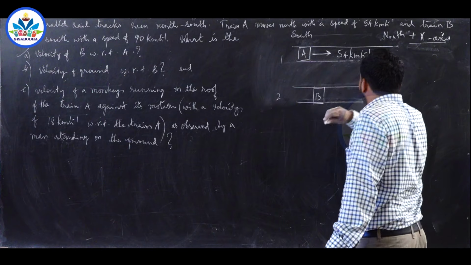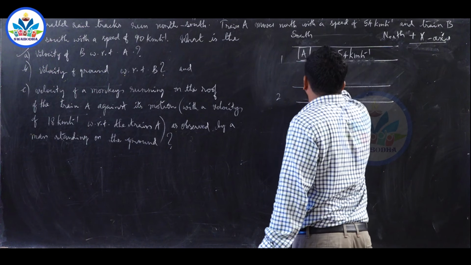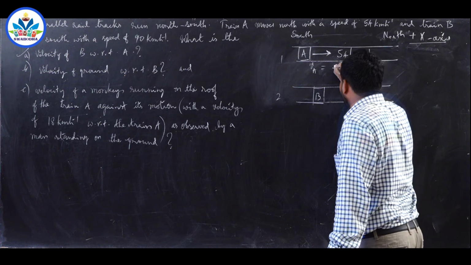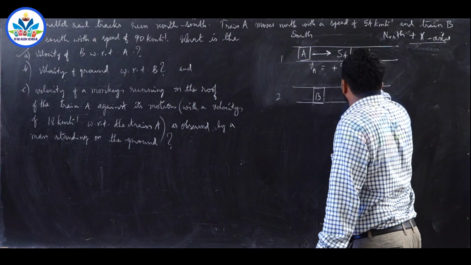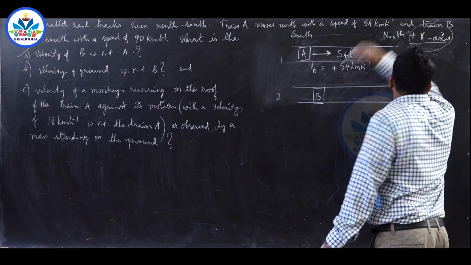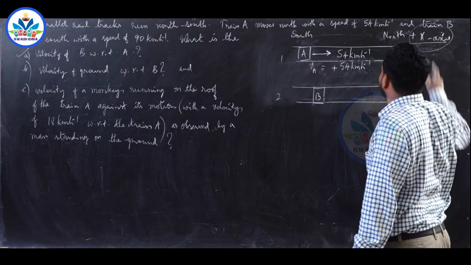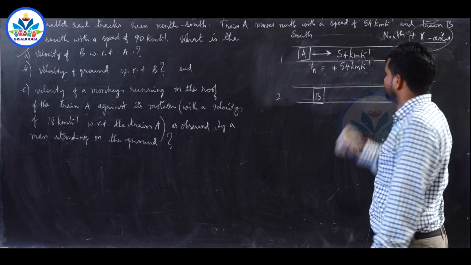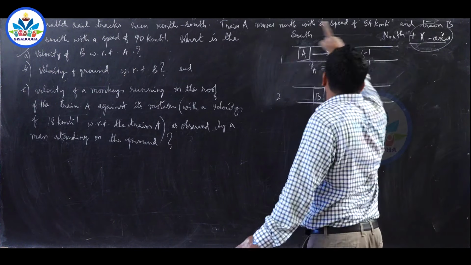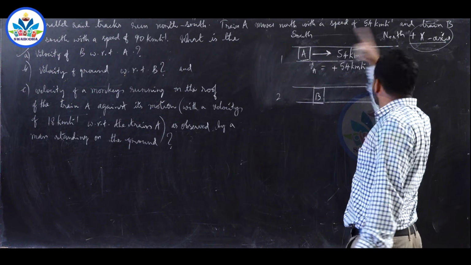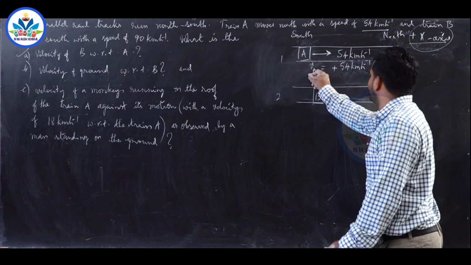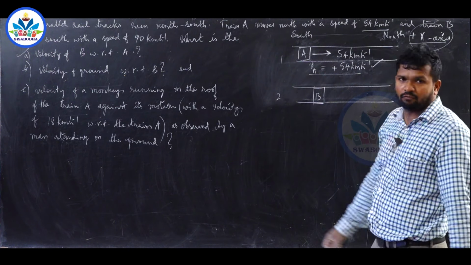Therefore VA, the velocity of train A, will be plus 54 km per hour. Why? Because I have chosen the positive direction of the x-axis from south to north. Train A moves north, means from south to north, so VA is plus 54 km per hour.